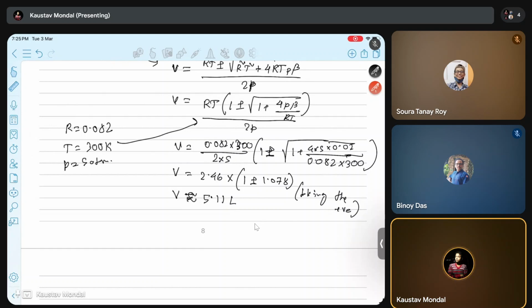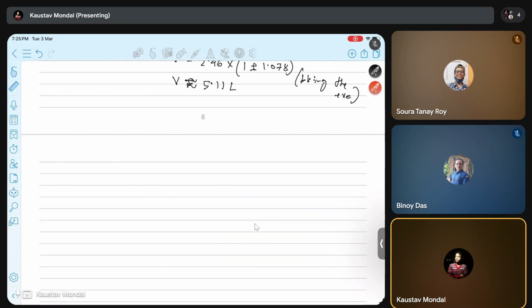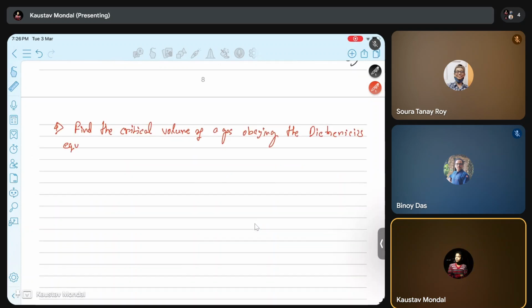Next problem is 4. Find the critical volume of a gas obeying the Dieterici equation.